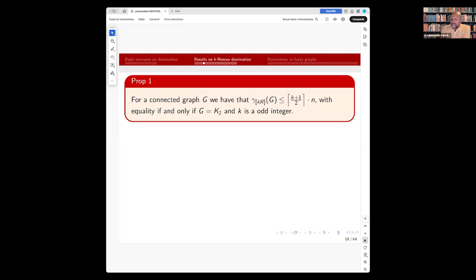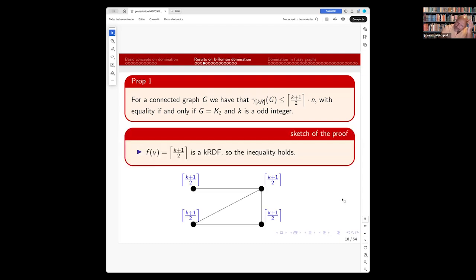In this case, we have proved a first inequality in general for any graph that is almost, we can say, trivial, because you only have to assign this label to any vertex in the graph, and you obtain the inequality. And we prove that the equality holds if and only if the graph is the graph K2.